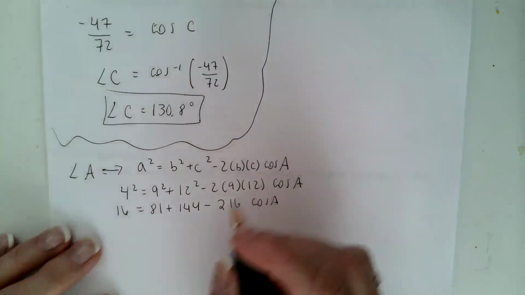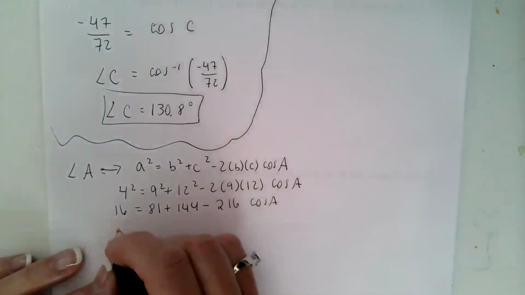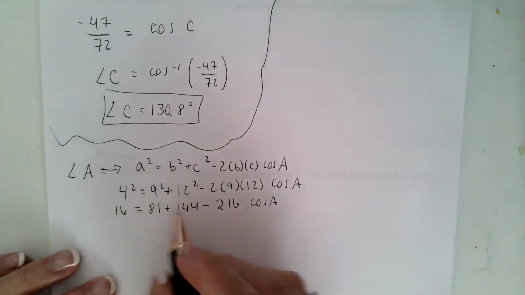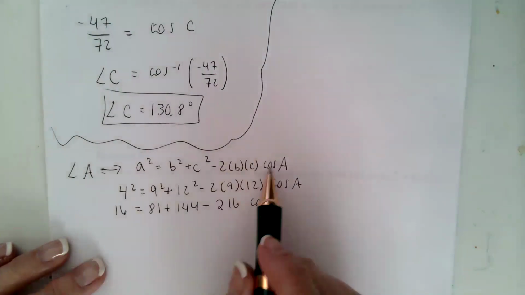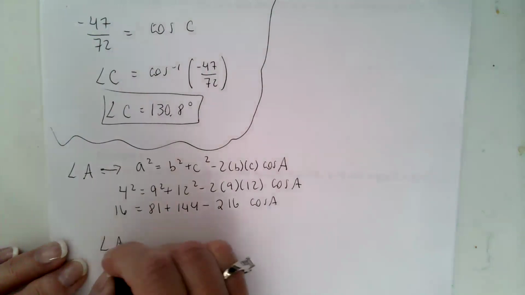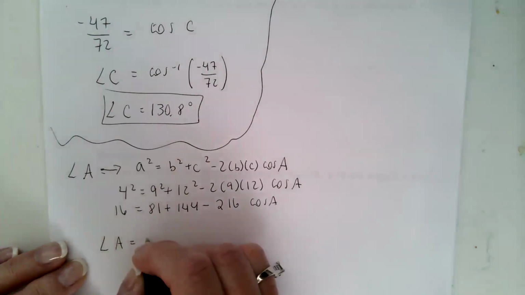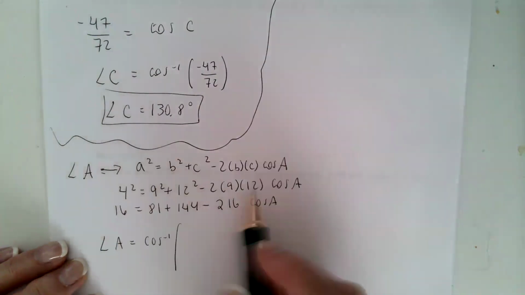Cosine A. And so we could actually kind of just work backwards and write this as the inverse cosine with these symbols here.